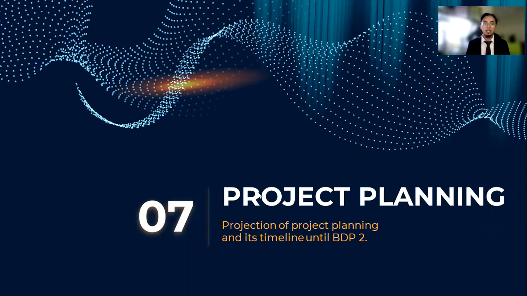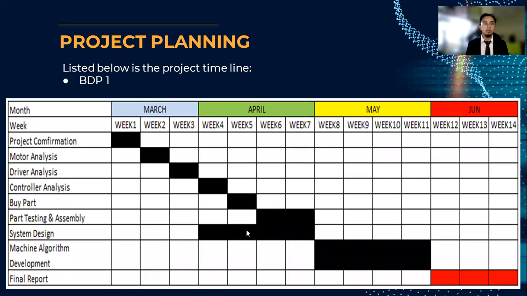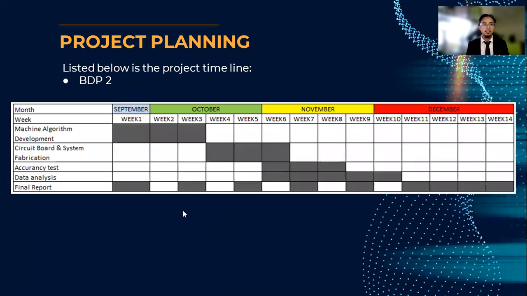So the last topic is project planning for my project from BDP1 until BDP2. So this is the Gantt chart. In this Gantt chart, we can see my project timeline, from week 1, project confirmation, motor analysis, controller analysis, and so on, until today, the final report. And for the second BDP in the next semester, this is my plan. Machine algorithm development and testing until the algorithm and the components are okay.